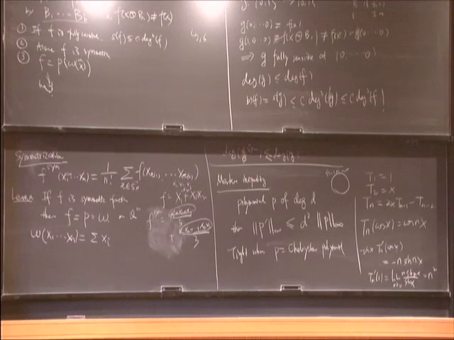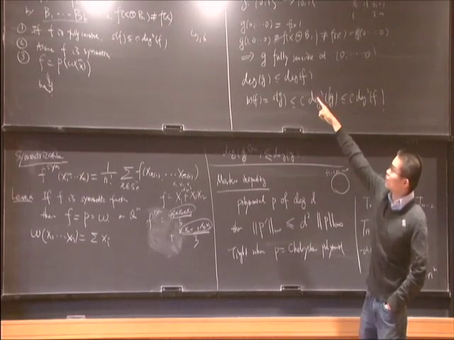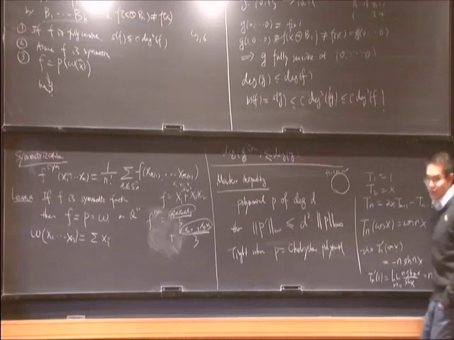So let's see how we use Markov's inequality. Now, let's recall the property of our function g. Our function is fully sensitive. Here I didn't write it, but without loss of generality, we can assume g is equal to 0 at the origin.